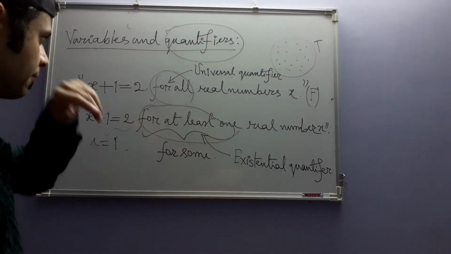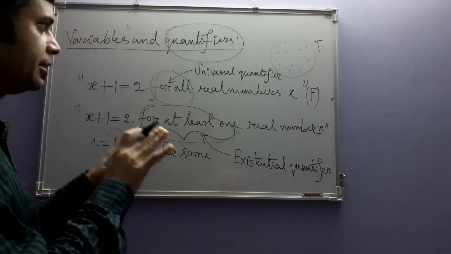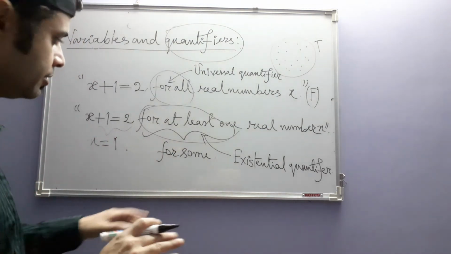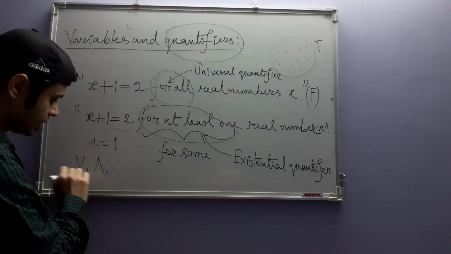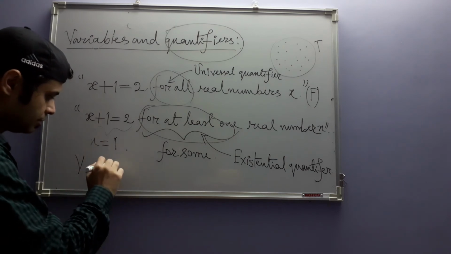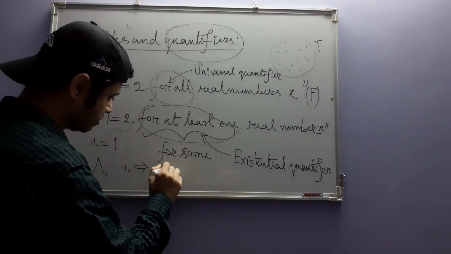Now, like many things, or almost all things in logic, there are symbols. We have come across symbols for and, or, negation, implies, if and only if.